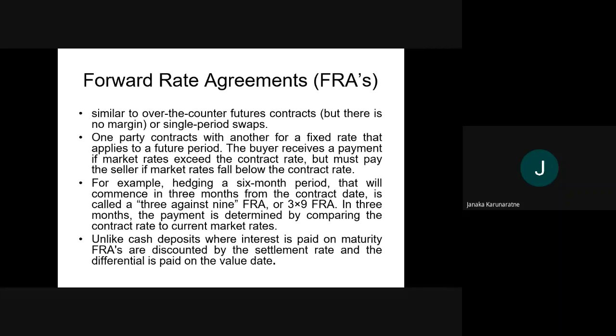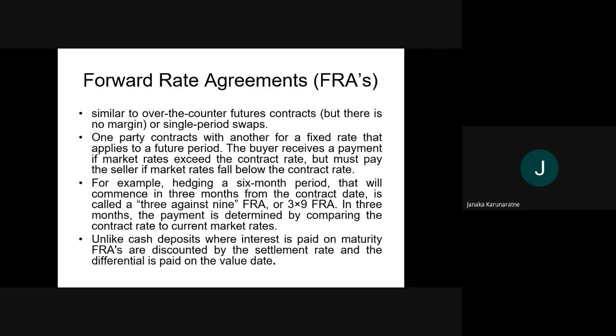Very common among bankers. For example, hedging a 6 months period that will commence in 3 months from the contract date is called a 3 against 9 FRA. FRA means forward rate agreement. In 3 months, the payment is determined by comparing the contract rate to the current market rate. So unlike a cash deposit where interest is paid on maturity, FRAs are discounted by the settlement rate and the differential is paid on the value date.